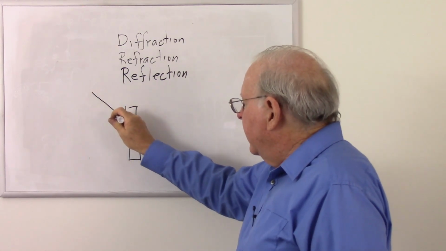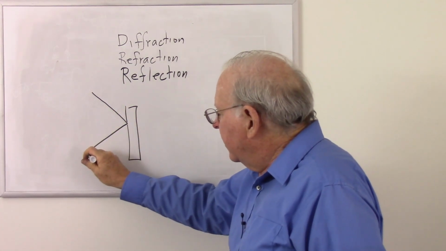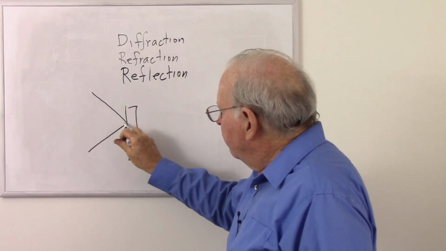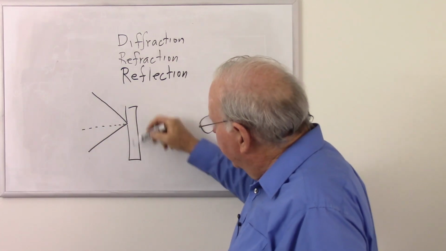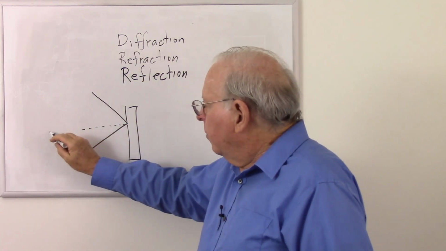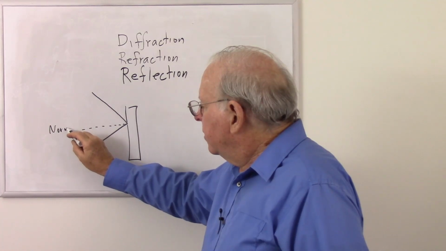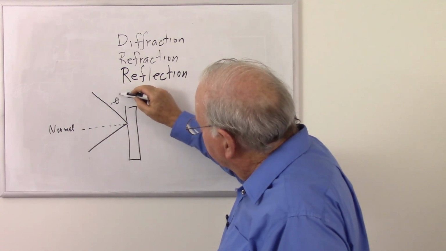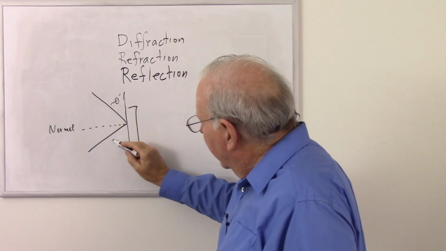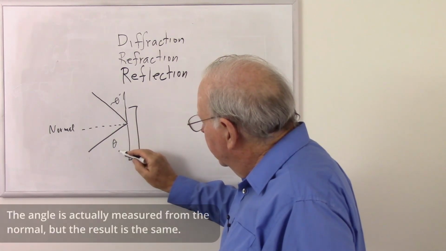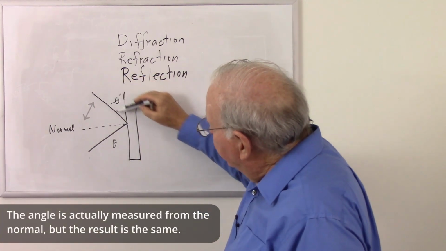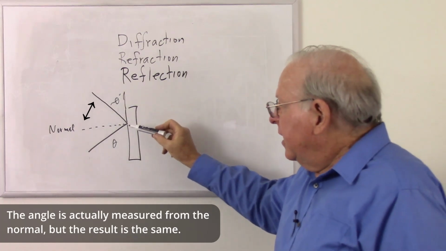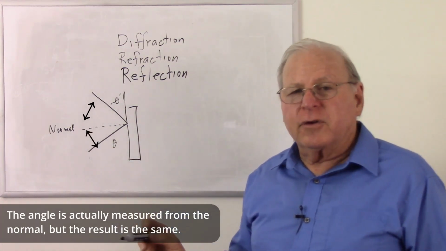The waves come in at this direction and then they go out in that direction. And if we draw a line perpendicular to that barrier, which is called the normal, we find that this angle, represented by the Greek letter theta, is the same as this angle. And so the angle of incidence, where the wave comes in, is equal to the angle of reflection, where the wave goes out.